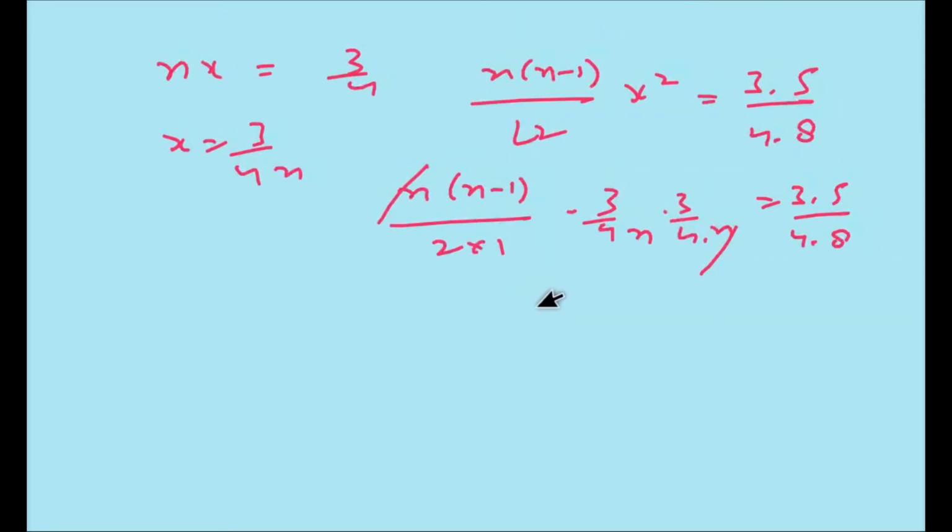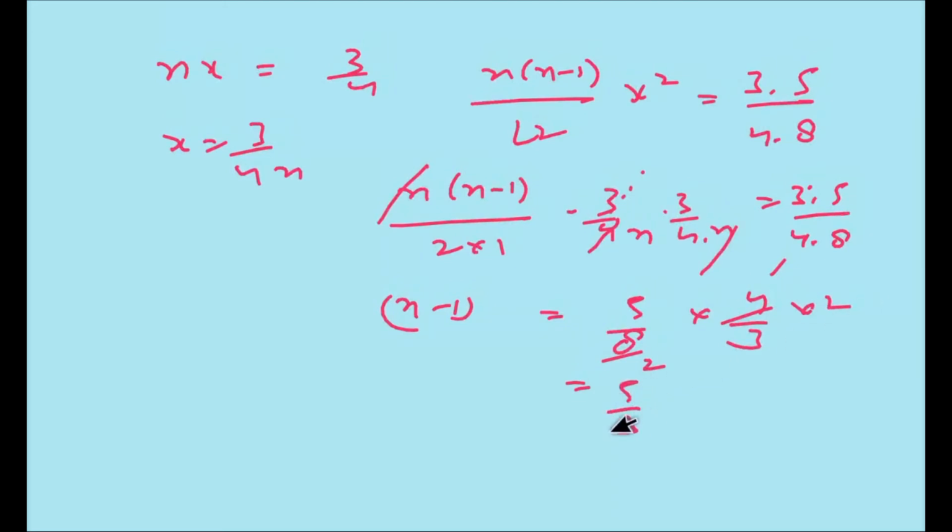Or should I solve it? Okay, let's solve it. So 3 by 4 is cut with 3 by 4. Okay, so we get n minus 1 equal to 5 upon 8 into this 4, this cancels out, and this 4 upon 3, what we left here, into 2.